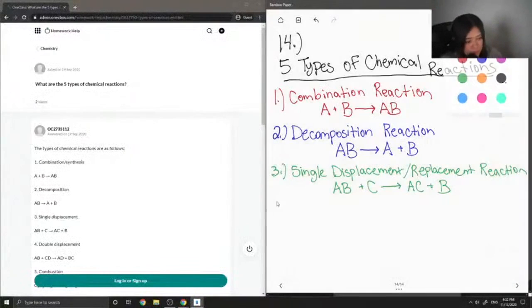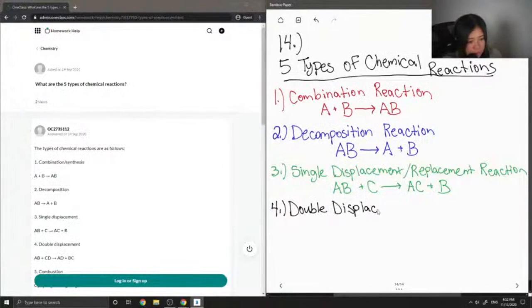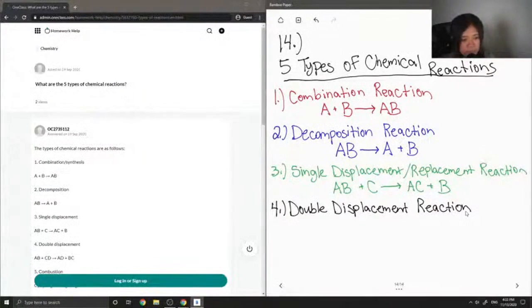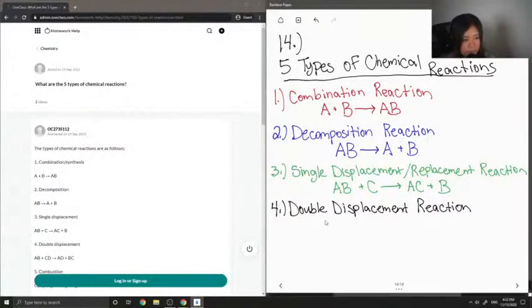So similarly, there's also something called a double displacement reaction. So as you can guess, it is similar to single displacement, except this time there are 4 elements involved. So let's say we had AB plus CD.